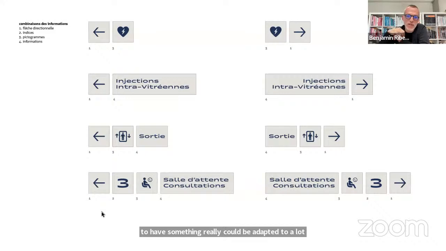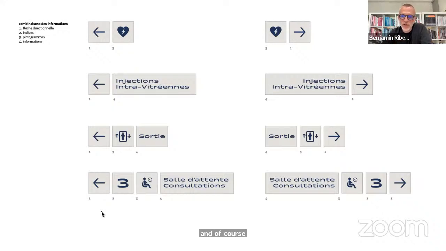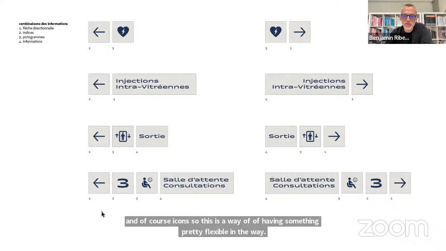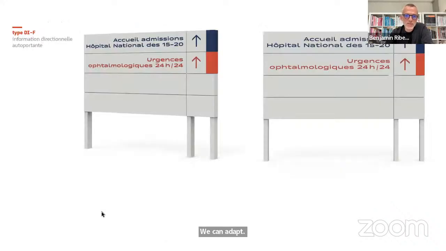So we have this little play with different elements such as numbers or directions or different names, and of course icons. This is a way of having something pretty flexible in the way we can adapt our wayfinding system to different circumstances.